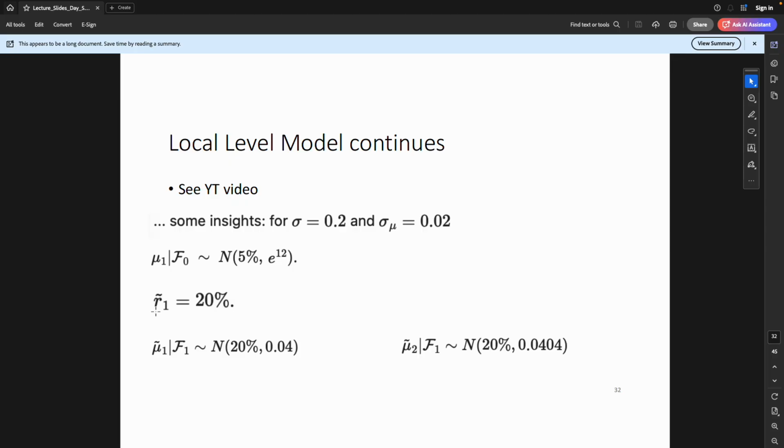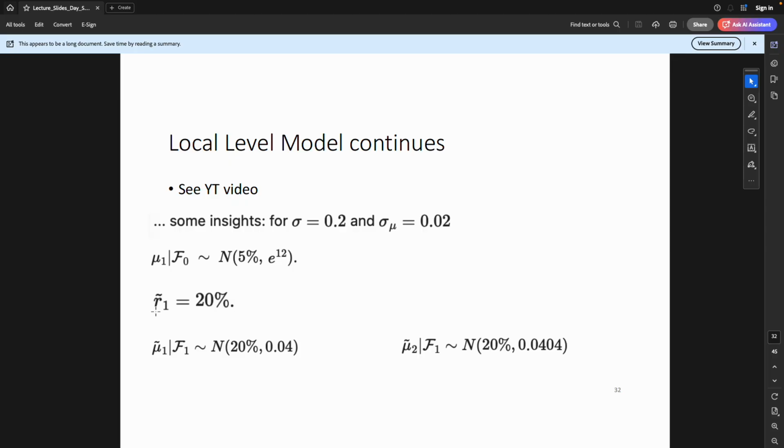Now, what really happens is that, and we see it in the algorithm later on, the Kalman filter suggests that you take an average of your prior knowledge and the realized data. Given that my prior knowledge was basically, I don't have any certainty in my forecast because the variance was e to the 12, this linear combination will put a lot of weight on the last observation.